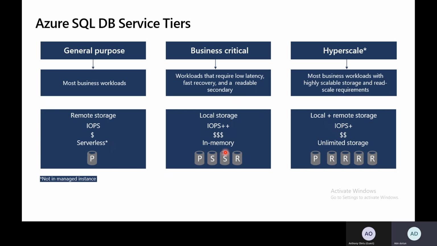This one is for companies like IBM, or what's the name of this company, DHL. A company like Netflix, exactly. Thank you. You know the reason why Netflix wants a high workload with highly scalable storage?